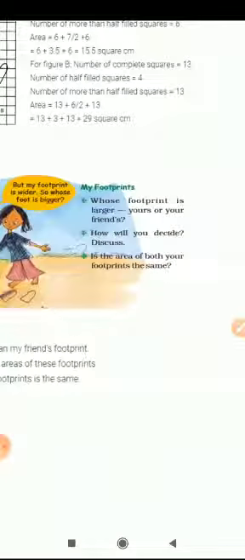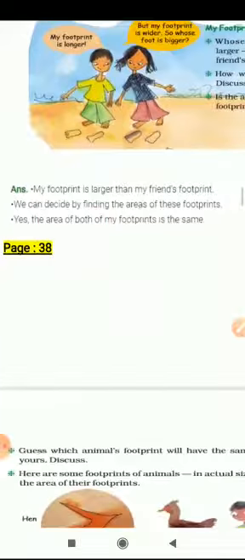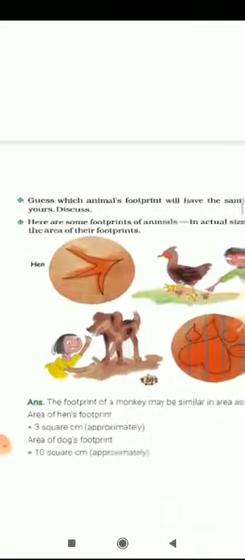Third is, is the area of both your footprints the same? Okay, for one person, yes, the area of both of my footprints is the same. Understood?